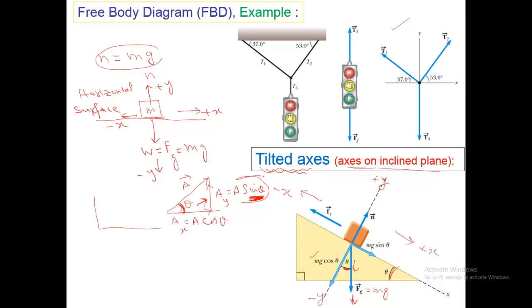Again, I make it here for you, for example, if this is mg, this is theta, and this vector and this vector. This vector is coming here and this should go like this.